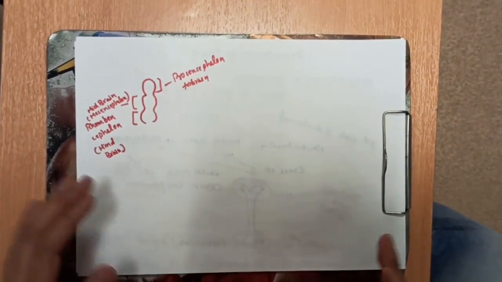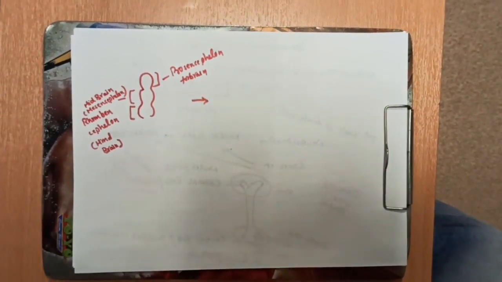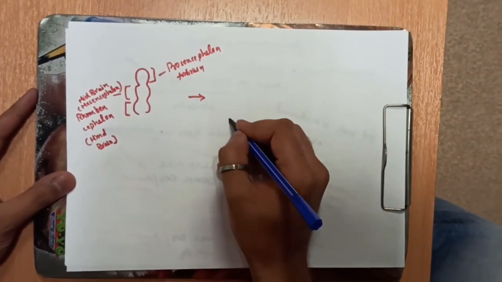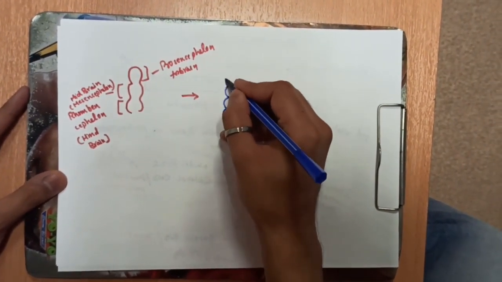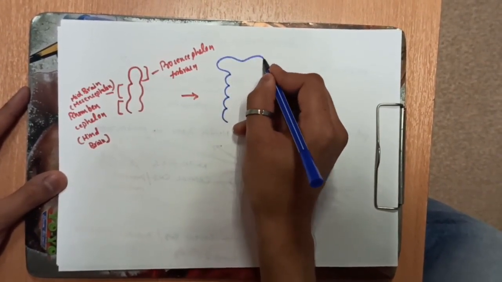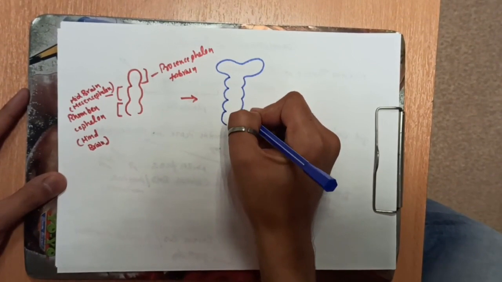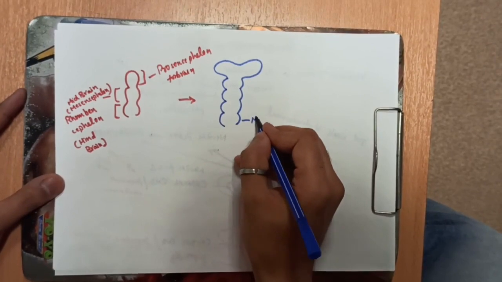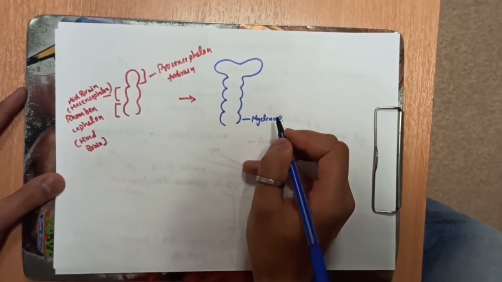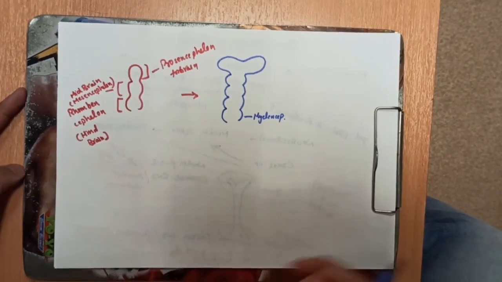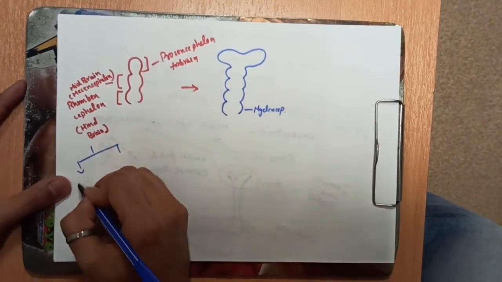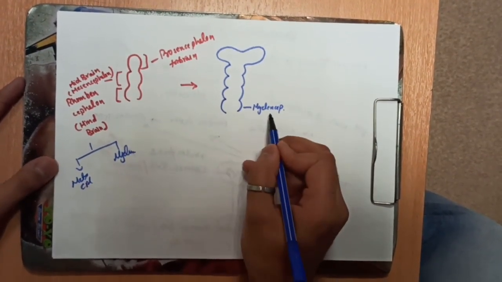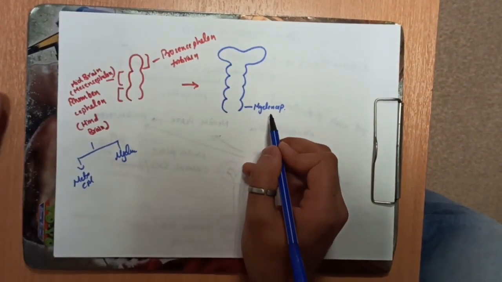Later on, due to further development, these three primary vesicles will get converted into 5 secondary vesicles, which will be like this. Now, this will be the myelencephalon. Already in my classification of the nervous system I have told that the rhombencephalon consists of two parts, the metencephalon and the myelencephalon. This will result in the formation of the myelencephalon.